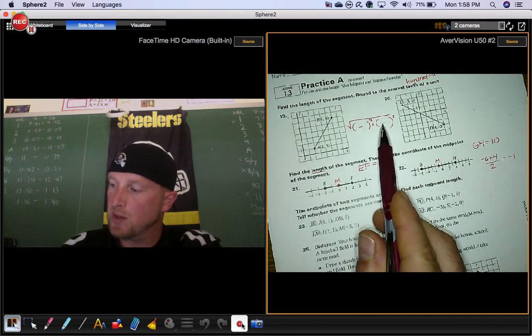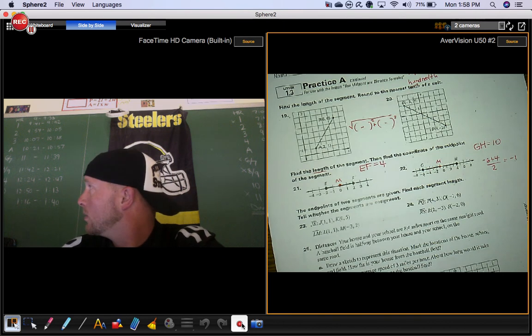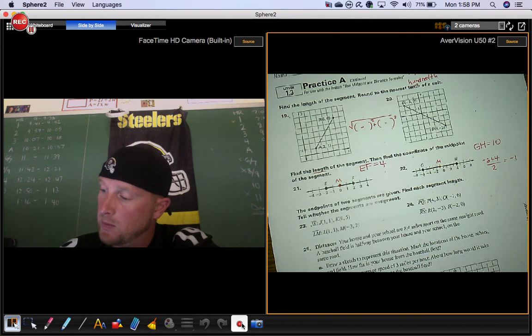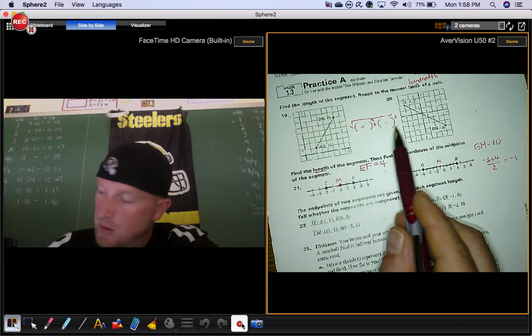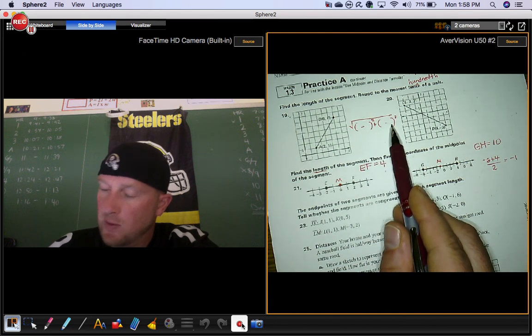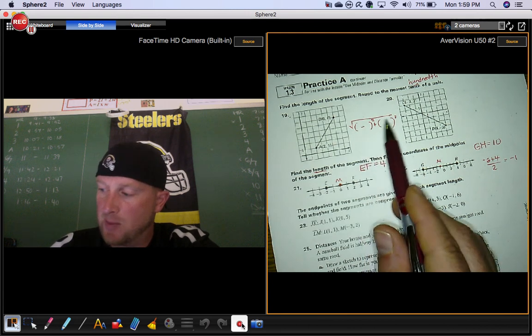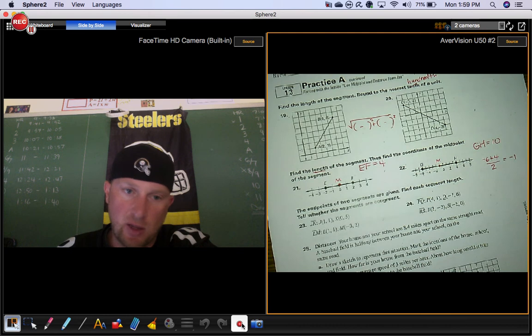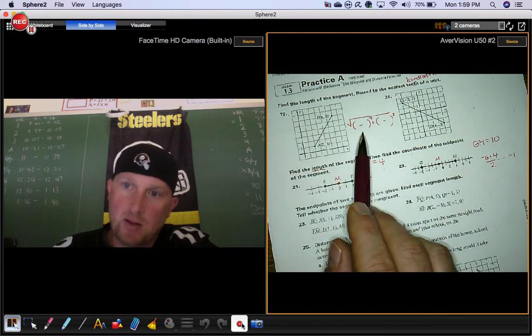And what we're going to do in here is put some values in there. So here we're going to subtract our x values, and here we're going to subtract our y values. And then we're going to do all these operations. We're going to square these, add them, and take the square root. Sounds like a lot, but it's not that tough. Maybe we'll do this one by hand, and then I'll show you how to type this one in the calculator.